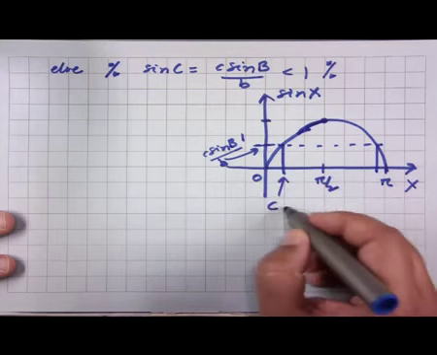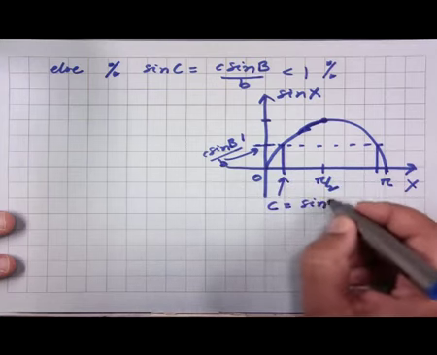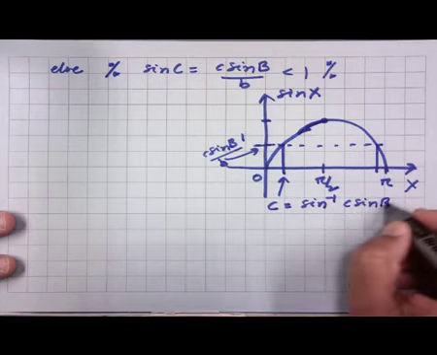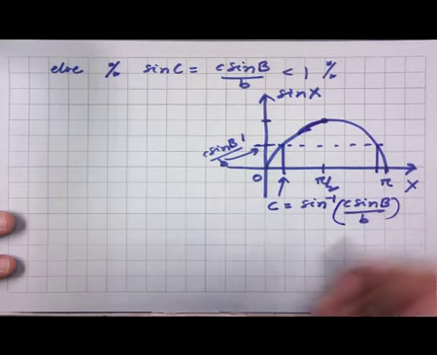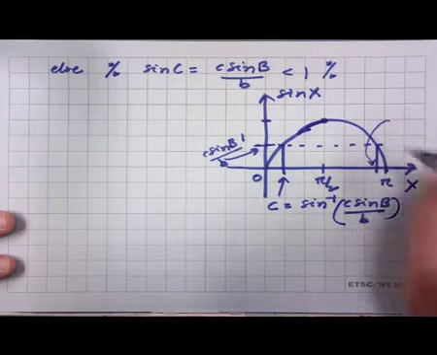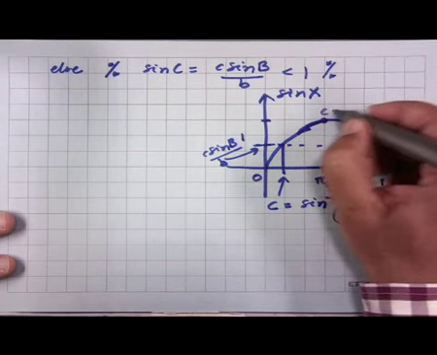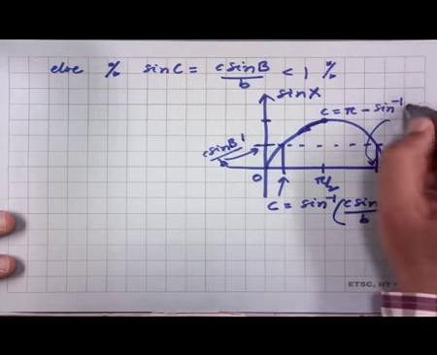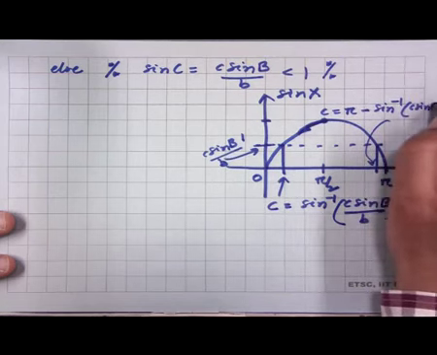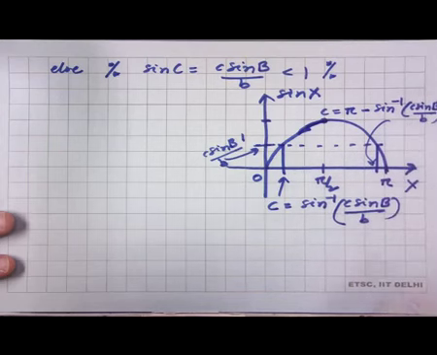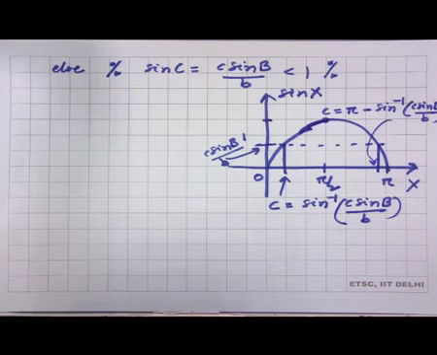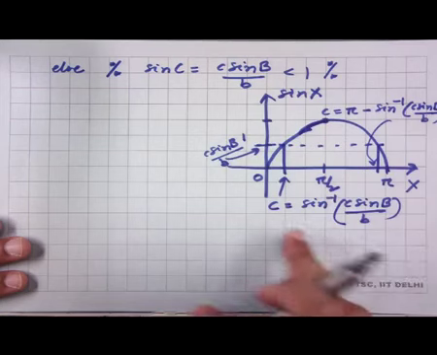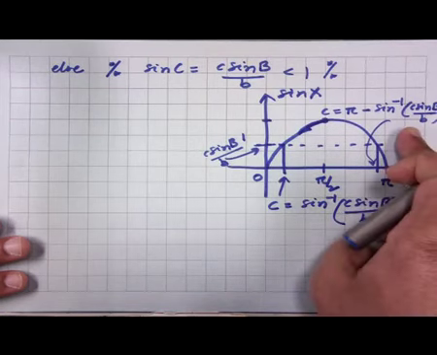So, either C is equal to sin inverse of c sin B by b, or the other solution is that C is equal to pi minus sin inverse of c sin B by b. So, for this case there is a little bit of an ambiguity whether we take the angle C to be this value or this value.